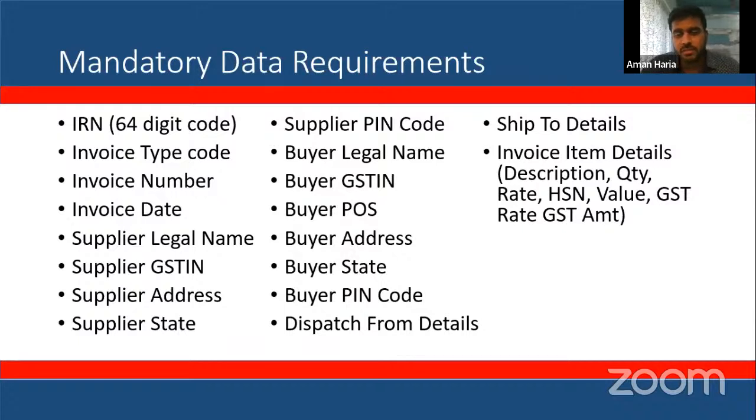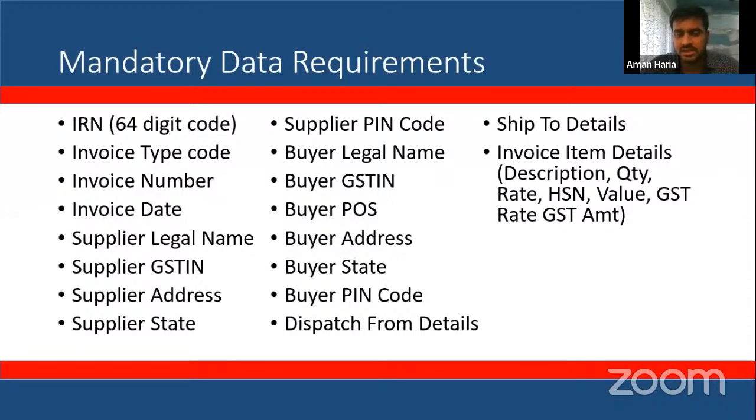One particular field that we think many of you might not have updated correctly is the PIN code. So you might just want to take a look at your own accounting ledgers of your customers and ensure that buyer PIN codes are correctly mentioned in each of their ledgers. So when the system is picking the details, PIN code details are correctly uploaded.